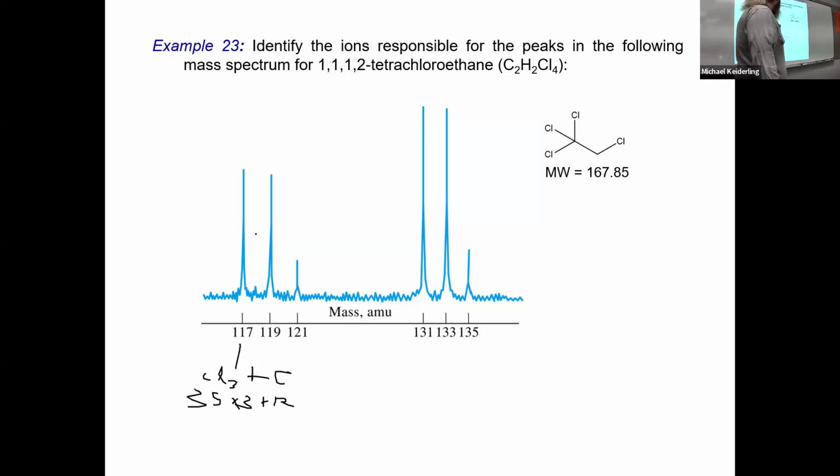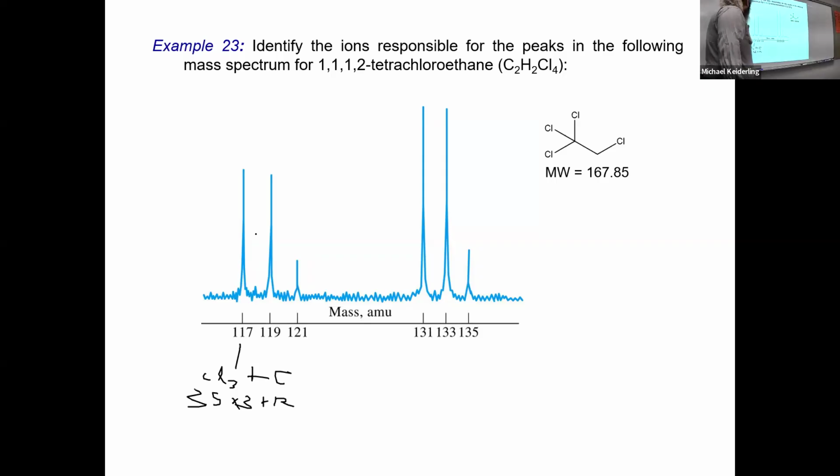And then over here we have at 131, the step from 117 to 131, that difference is 14, which is a carbon and 2 hydrogens, which is this.